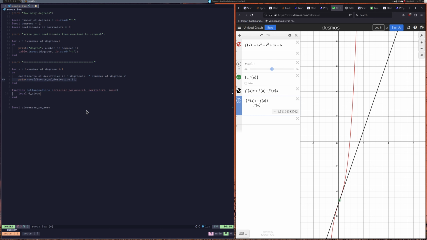Let's do d for the derivative. Local d slope. And then the local. Oh, what was the other thing? I don't know. Let's do dm instead of db. I don't need semicolons. This language doesn't.